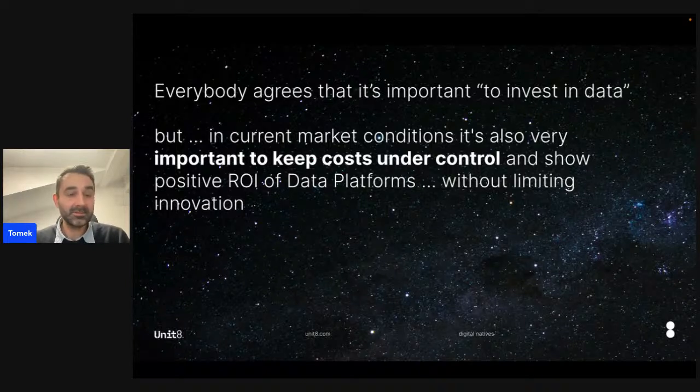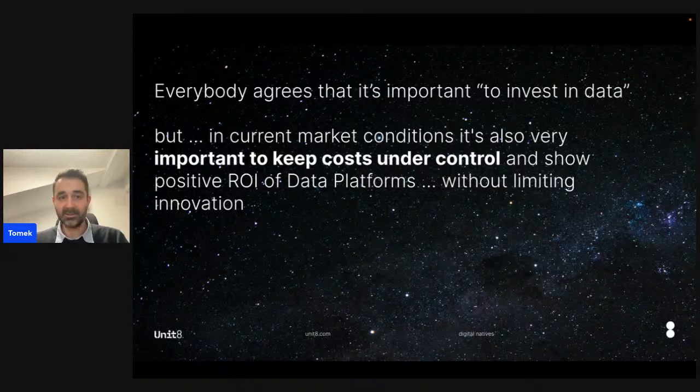But something remains unchanged. Everybody agrees that it's important to invest in data. Data is still the source of innovation and advancement in a lot of industries, including traditional industries. So companies are going to keep doing that, but they're going to be much more cautious about how they invest their money going forward.